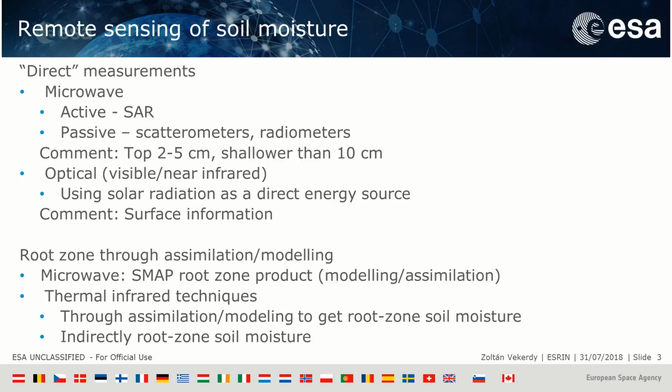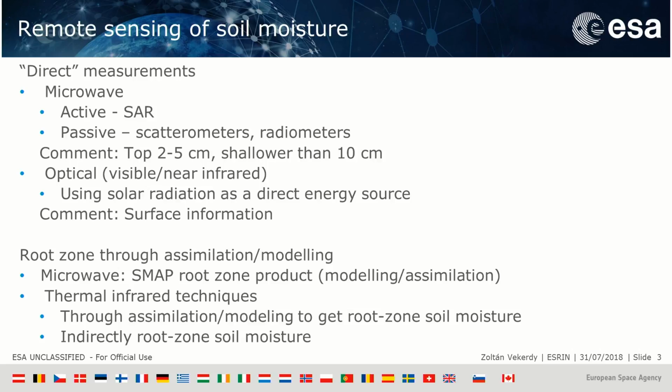We have to use other proxies, and usually this is the state of the vegetation that is used as a remote sensing-based proxy for assessing the root zone soil moisture, as well as direct modeling.